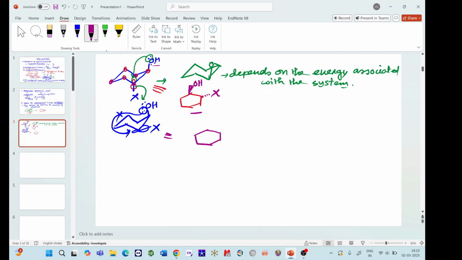So similarly, oxygen is in the top, and then on the adjacent, this is also in the top. So I'll discuss one more time how you can, without any mistake, convert 3D into 2D or 2D into 3D for the cyclohexane. We'll come into that.